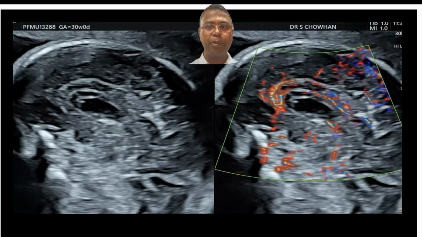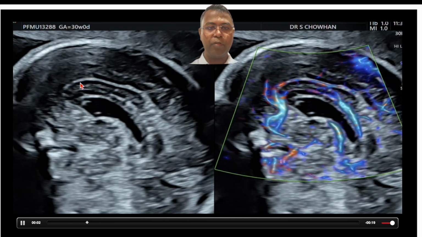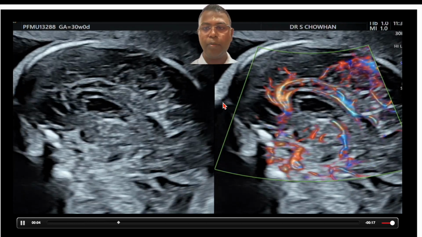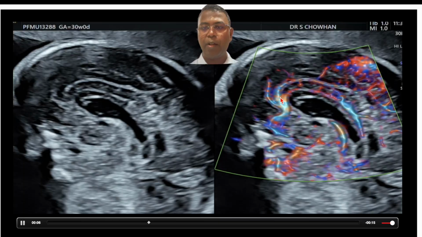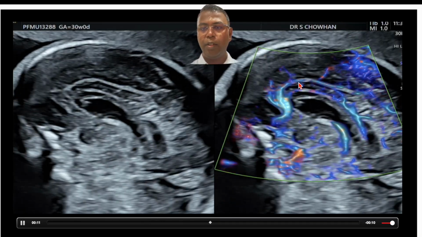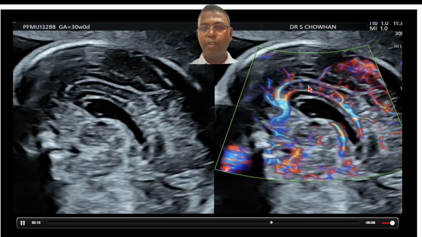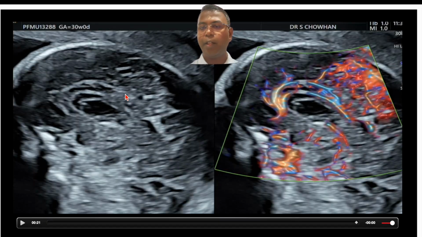This is a transabdominal picture at 30 weeks where you can see the cingulate sulcus very clearly, and also you can see that this callosal marginal artery is running along the border of the cingulate sulcus. So this cingulate sulcus is not evident in the anomaly scan. It is evident only after 24 weeks, and there you can see that it is running along the upper border of the cingulate sulcus.